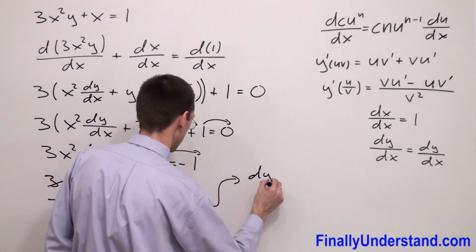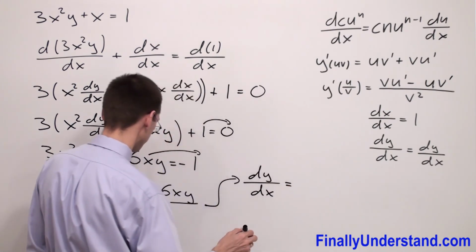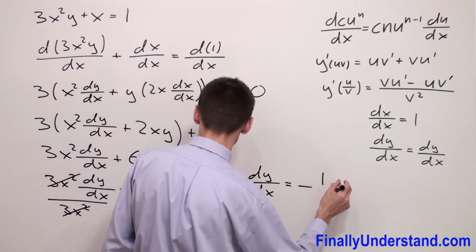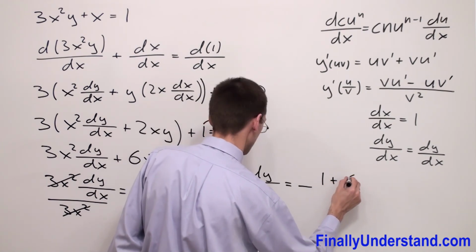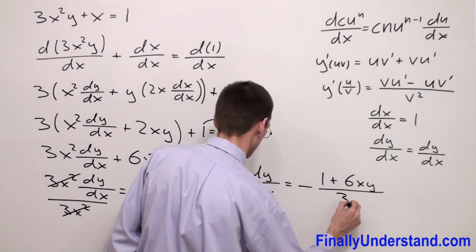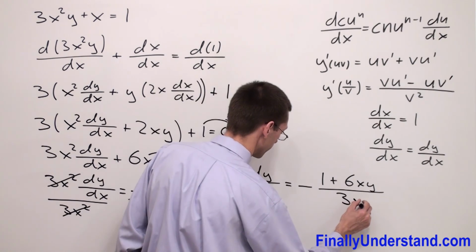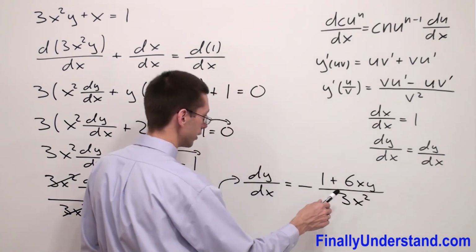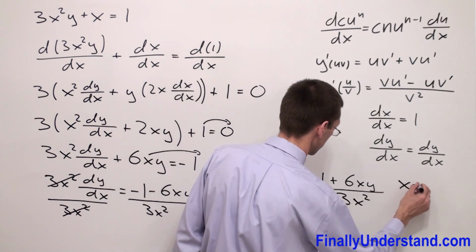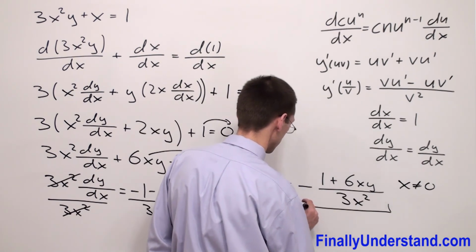So I have dy over dx is equal to negative 1 plus 6xy over 3x squared. Okay, keep in mind that x is in the denominator, so that's why it has to be different than 0. And this is my answer to this problem.